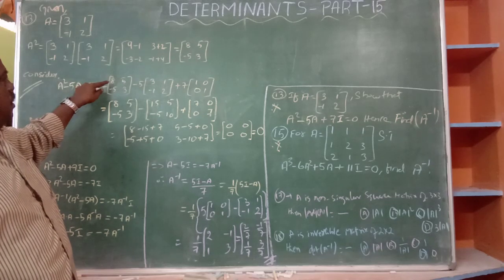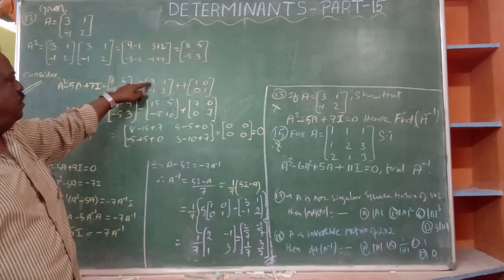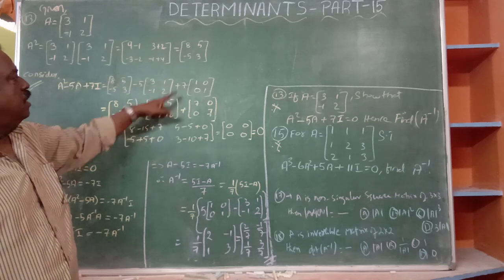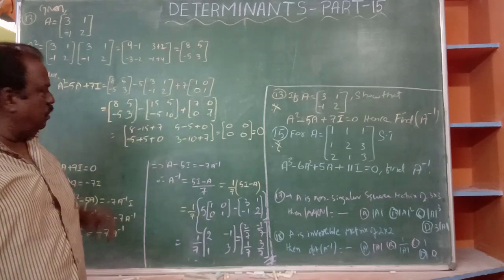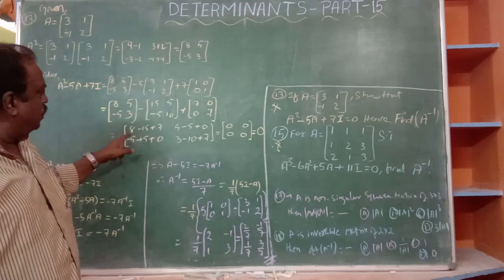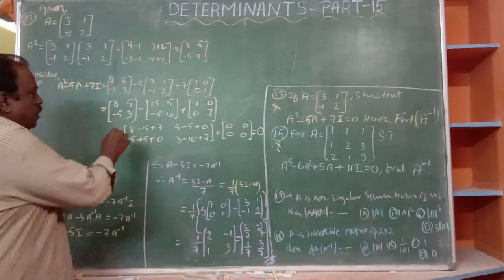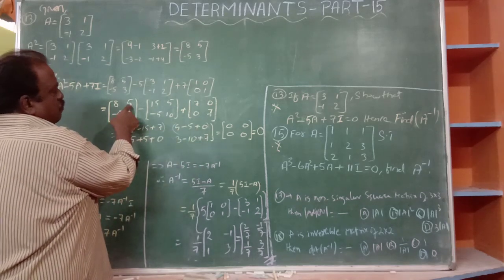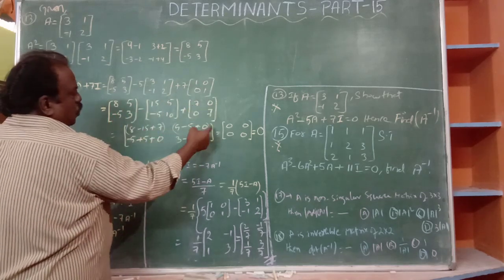Now observe: 5 into 3 is 15, 5, minus 5, 10, and 7, 0, 0, 7. Now, 8 minus 15 plus 7. Be careful.